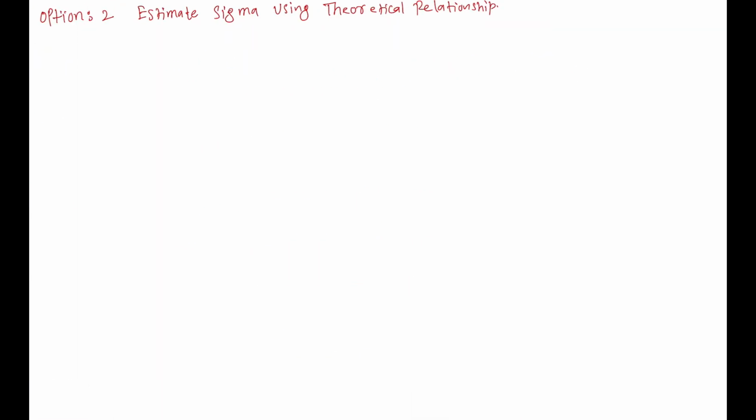Now the second option that we can use is to estimate sigma using the theoretical relationship. Let me give you an example. Let's suppose I again take the random variables x1, x2 as Bernoulli random variables. The expected value of those Bernoulli random variables is this little p, the probability of getting the success, and this is the same as saying it is equal to mu.